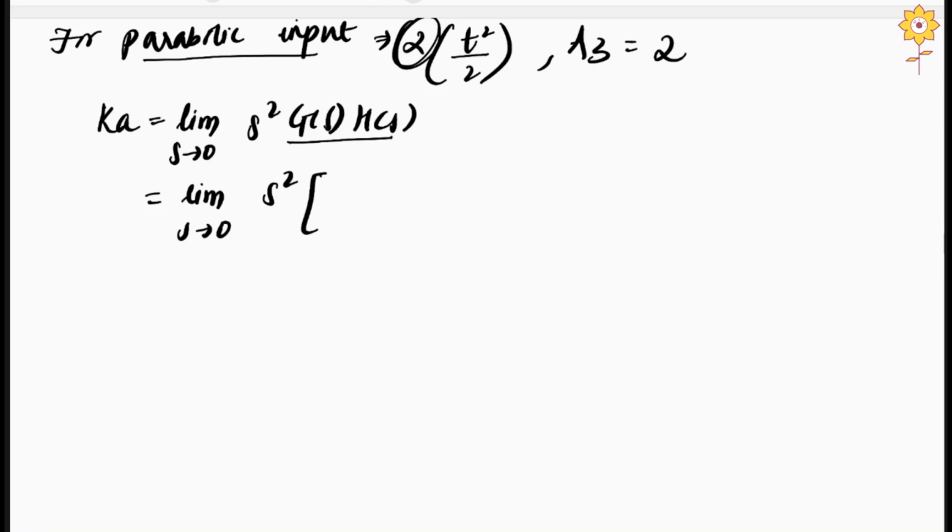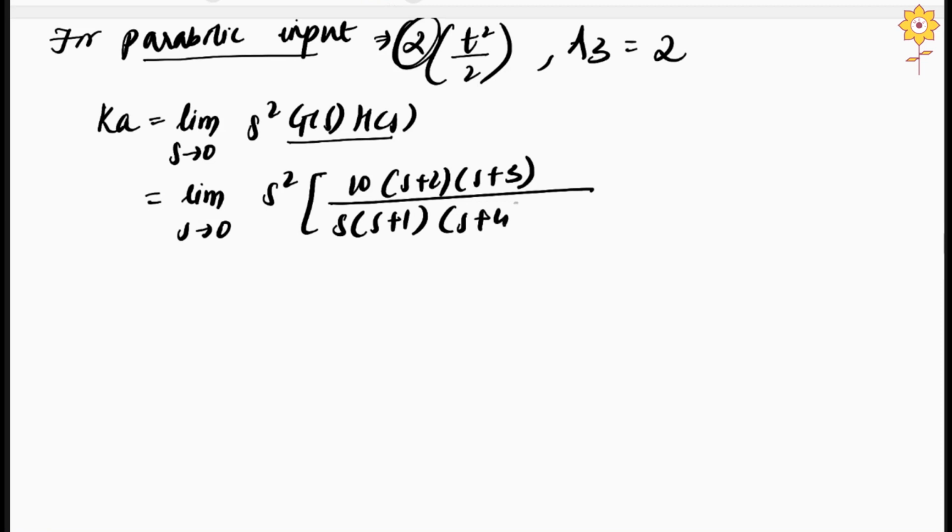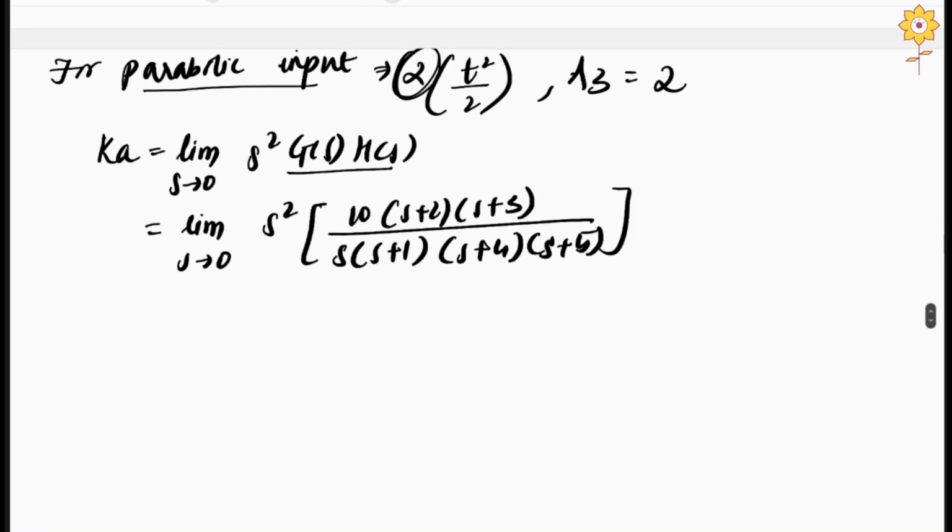So, what is the value of g of s, h of s? So, this s in this square will get cancelled off. So, now again when we substitute s as 0, we will multiply 0 with this whole equation. Anything multiplied with 0 is a 0. So, what we will get as answer? We will get 0 as answer. So, Ka is equal to 0.